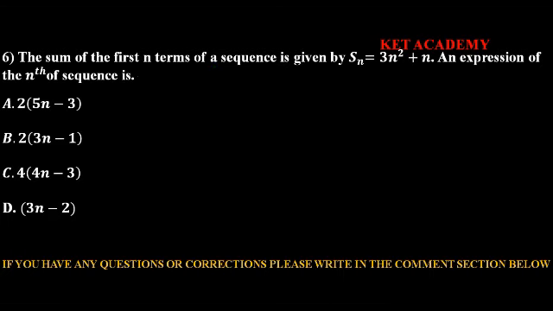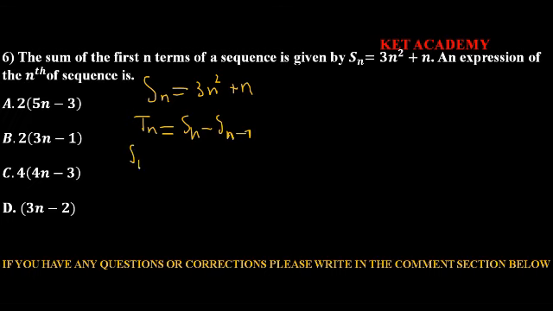If we are given our Sn, Sn is 3n squared plus n, and we want to look for our Tn. The formula says Tn is Sn minus Sn minus 1. So here we'll have to look for our Sn minus 1.